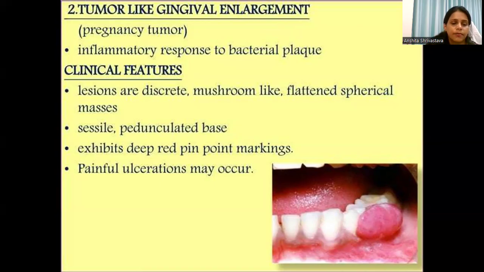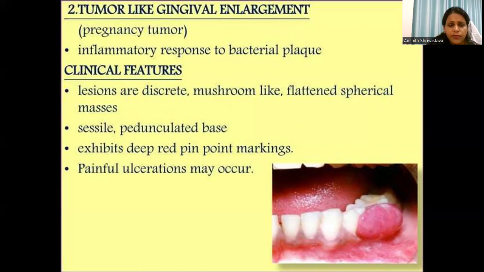Clinical features: lesions are discrete, mushroom-like, flattened spherical masses. It can be sessile or it can have a pedunculated base. Sessile means no stalk, whereas pedunculated means it has a stalk connected to the base. Then it exhibits deep red pinpoint markings, and painful ulcerations may also occur.